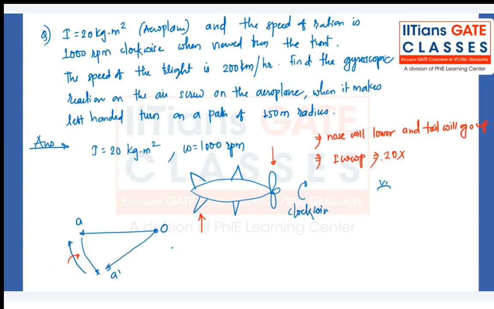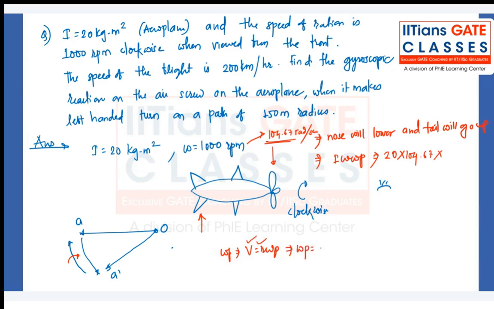Omega is given as 1000 rpm, corresponding to which you will get 104.67 radian per second. And omega p you have to calculate. How will you calculate omega p? V is equal to R omega p. From this, V is known, R is known, so omega p can be calculated.